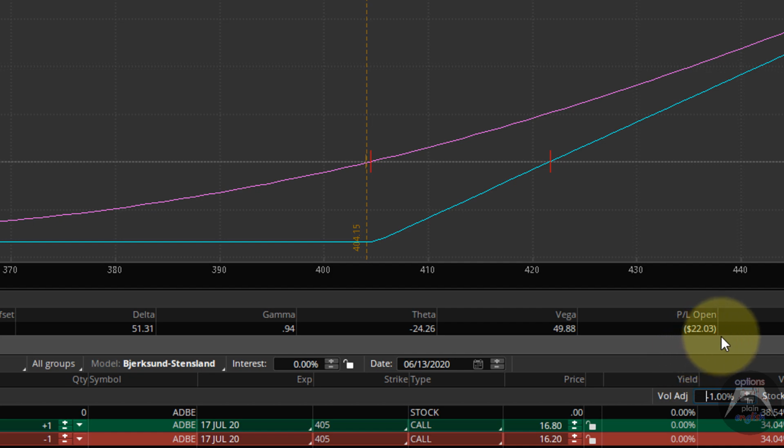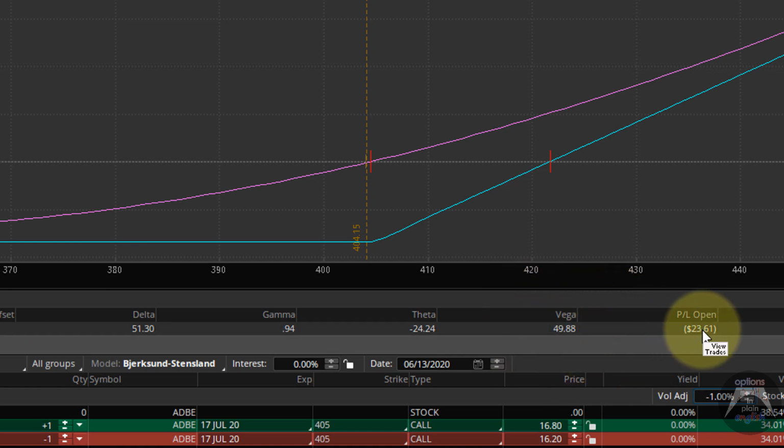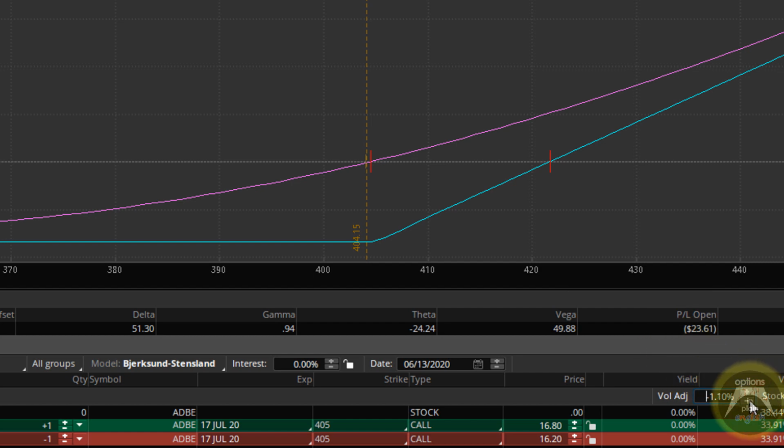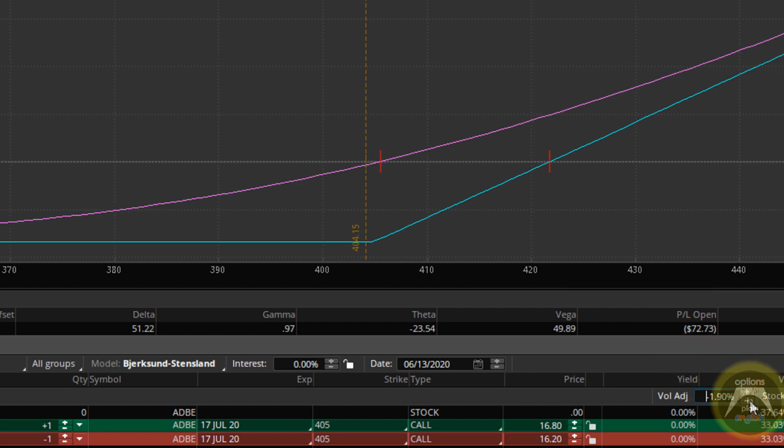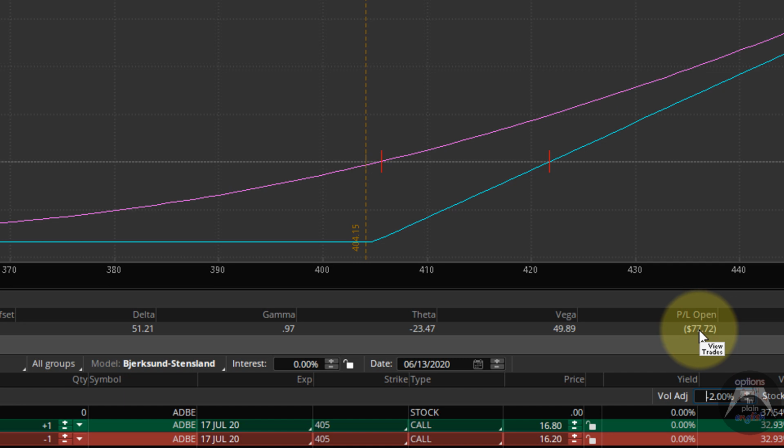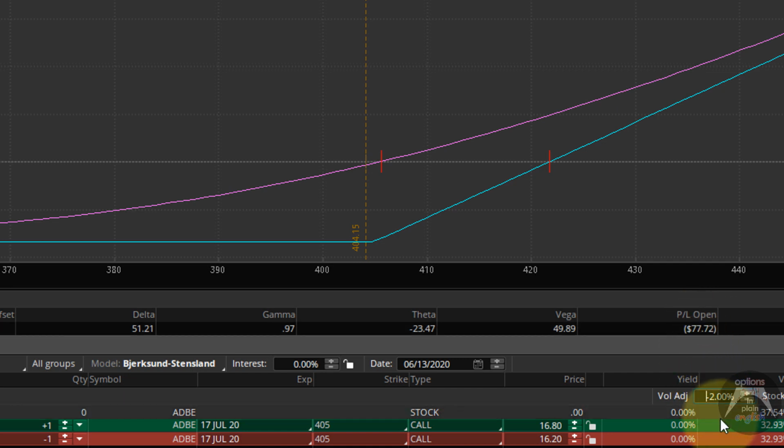So instead of 20, the 20 that we had, now we have minus 22. So this is Vega affecting the value of your long option, and it's going to affect it negatively. Now if I go another percentage point, now we have $77 in losses because volatility went lower.